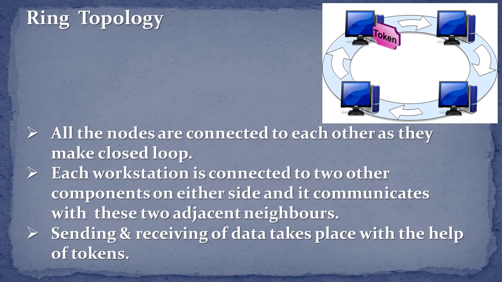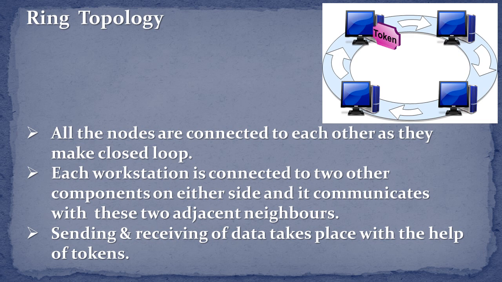Sending and receiving of data takes place with the help of tokens. Data travels in ring topology in one direction. A ring topology may also be called an active topology because messages are passed to each device in the ring.